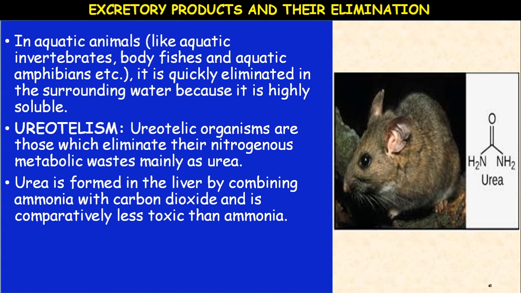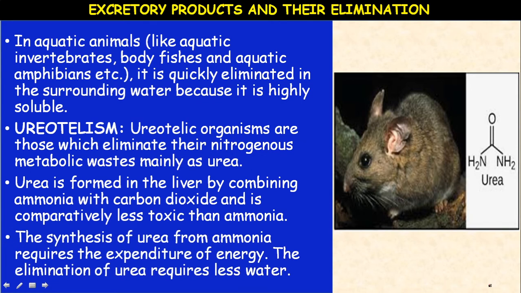The conversion of highly toxic ammonia into urea is called the ornithine cycle. Okay, the synthesis of urea from ammonia requires the expenditure of energy. The elimination of urea requires less water compared to ammonia. The animals are called ureotelic animals, and the phenomenon is called ureotelism.